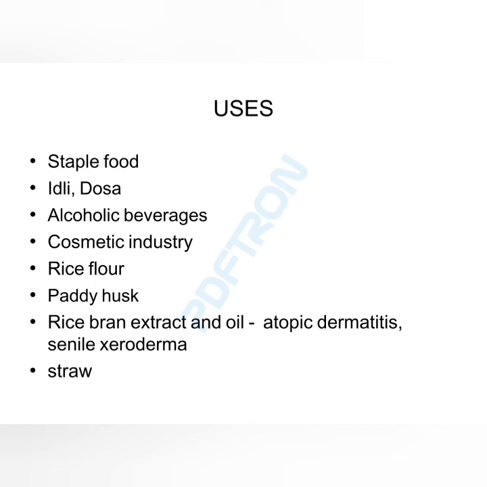Atopic dermatitis is an itching of the skin surface, the itchy inflammation on the skin. And senile xeroderma is actually having excessively dry skin, so they can be treated by the extract and the oil which is obtained from the rice bran.